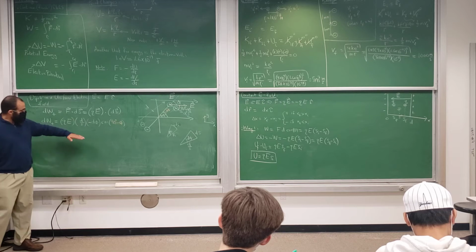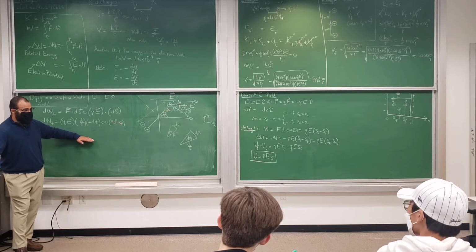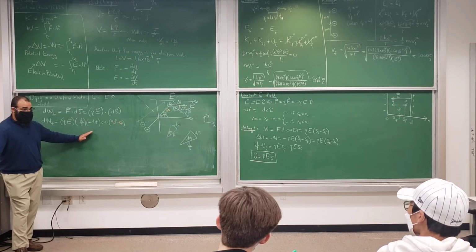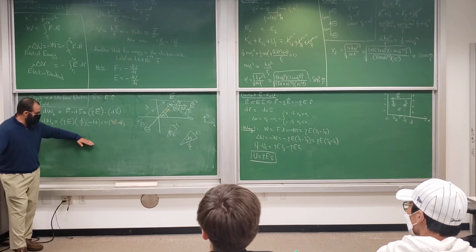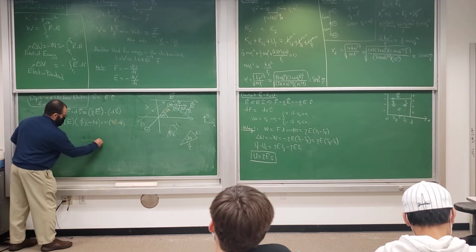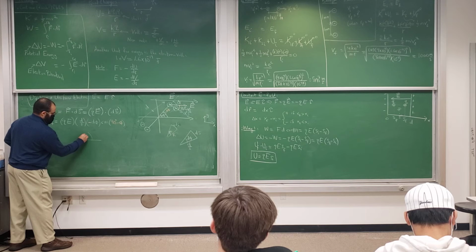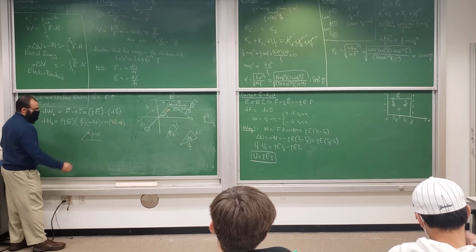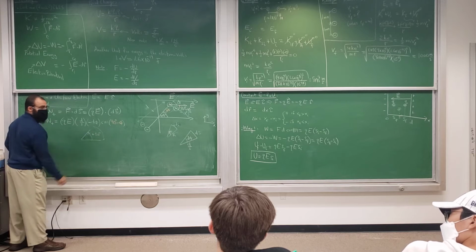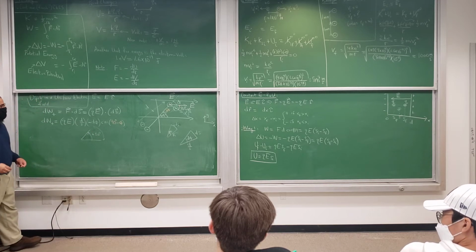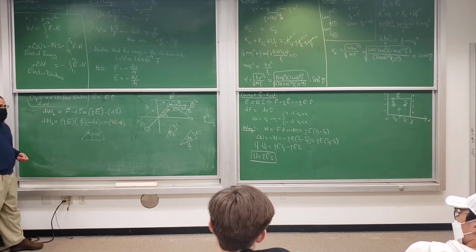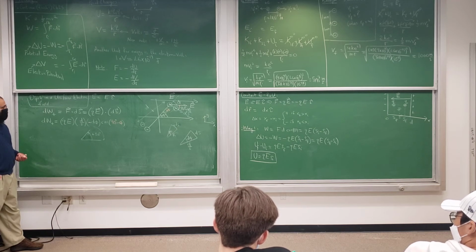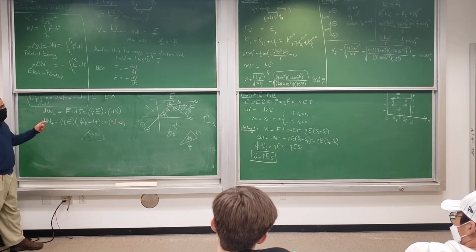Yes. Let's say this is 0. If I rotate this way, that's positive 30 degrees. But if I go this way, that's minus 30 degrees, and that's fine. That's why there is the minus. Where did the d over 2 come from? It's the distance between the plus and the minus charge.